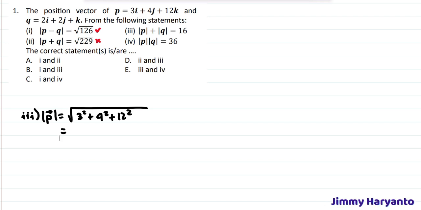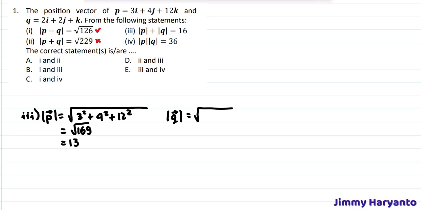Let me calculate it first. It's the square root of 169, so it's 13. And then the magnitude of Q will be the square root of 2 squared plus 2 squared plus 1 squared, which equals the square root of 9.